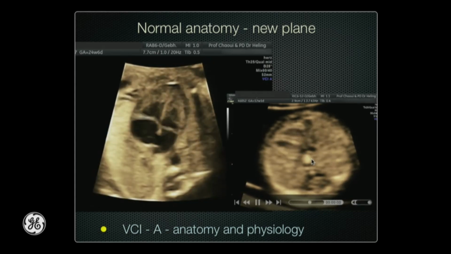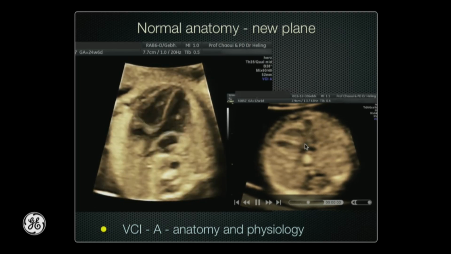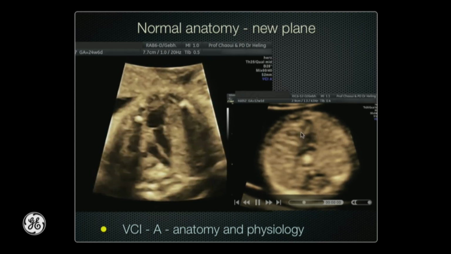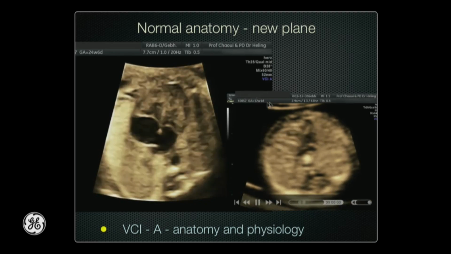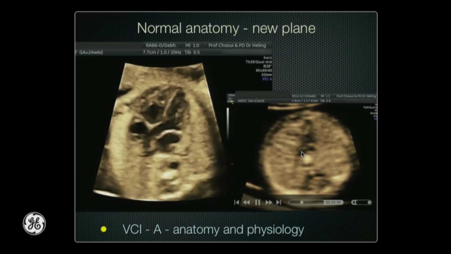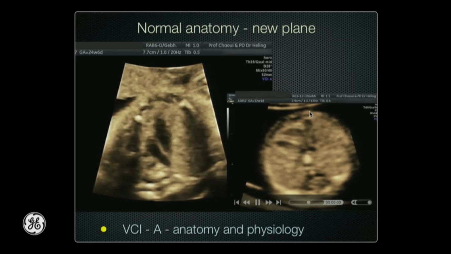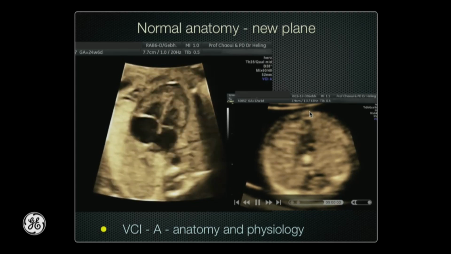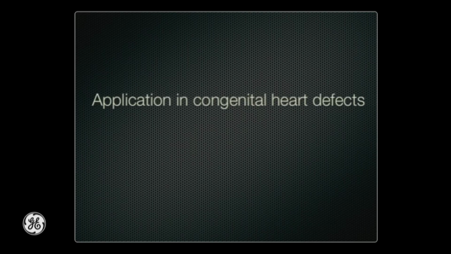Especially when you use VCIA in the first trimester, because of the summation of the image, you have a much better image of the four-chamber view or the great vessels. This is a transvaginal scan at 12 weeks, and it made the early fetal echo much easier than with normal 2D. And it's very fast. It's not a STIC technology. You use VCIA as a 4D technology during your normal examination.